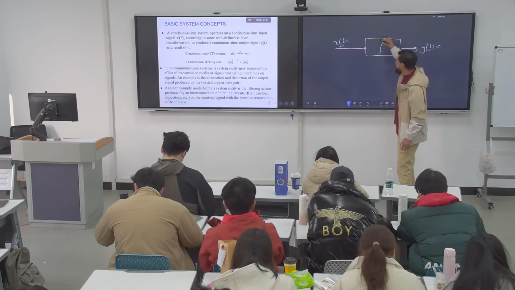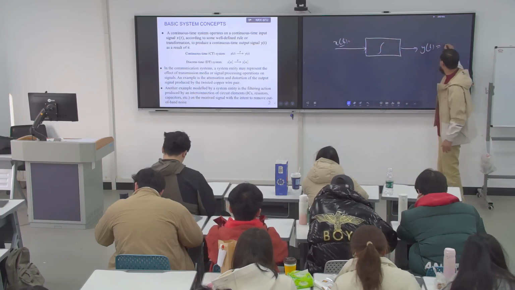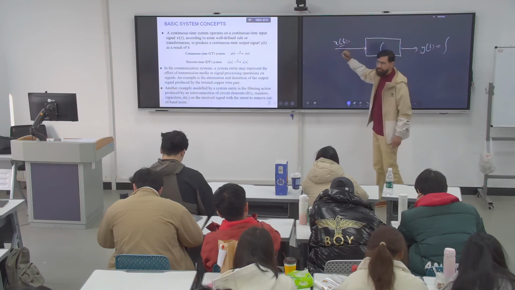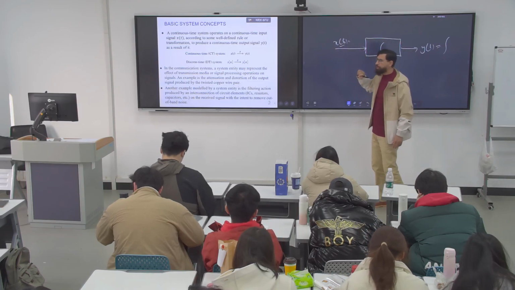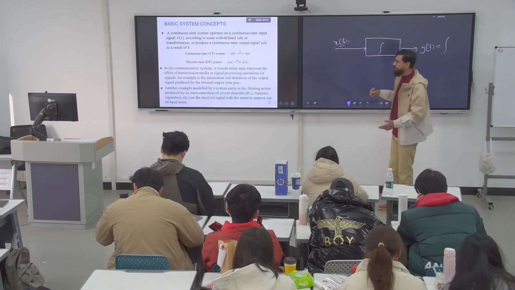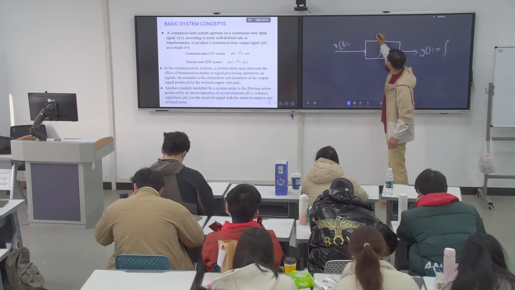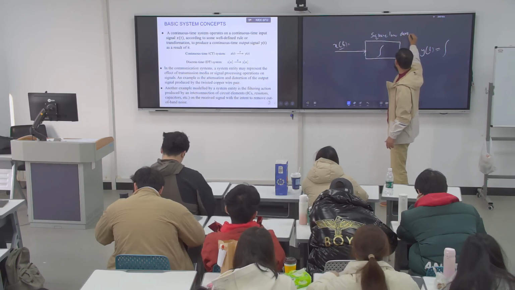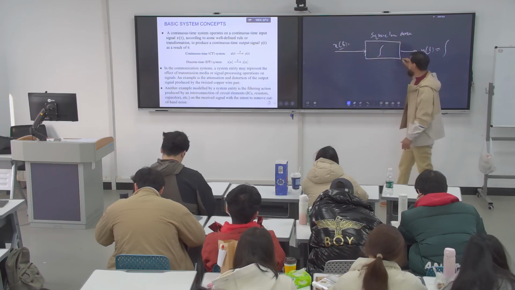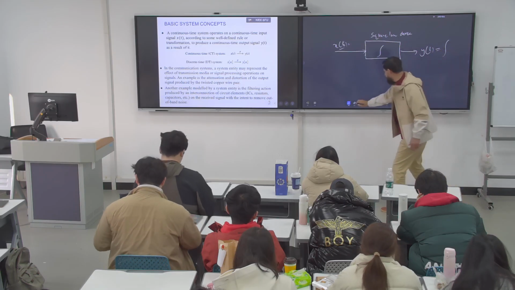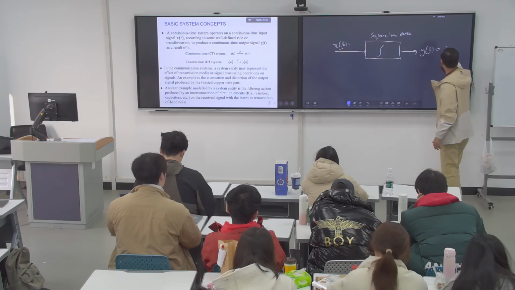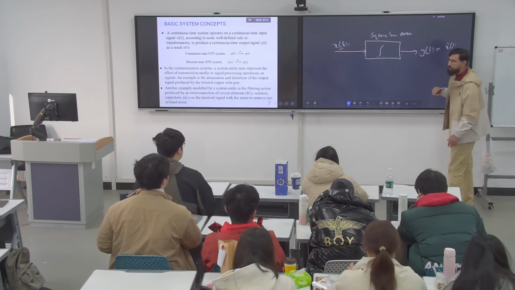This black box, which is now an integrator, will give me an output which will be the integration of x of t. Let's say I want a square law device. It will square my input, so it will give me x squared of t.